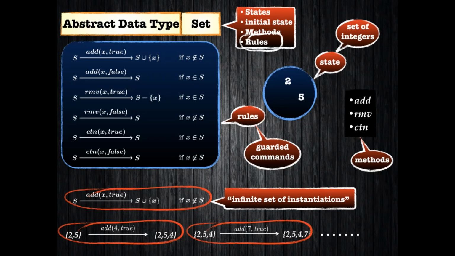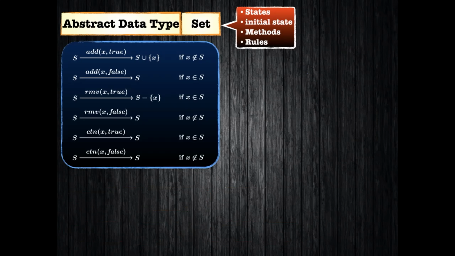So if I confused you, I just want to tell you that a rule corresponds to an infinite set of instantiations, and that's it. Okay, so this allows me to define a notion which I call traces. So what's a trace? A trace is that you start from the initial state and you just apply some operations that are enabled according to the rules.